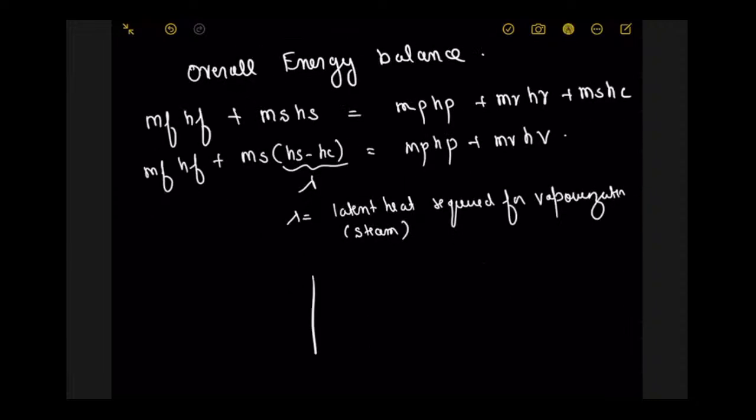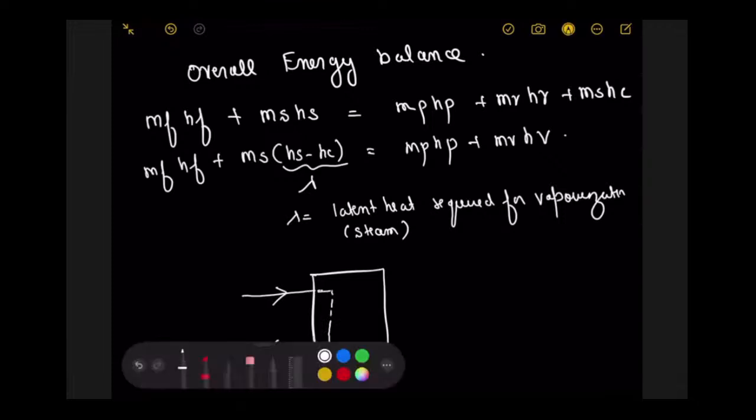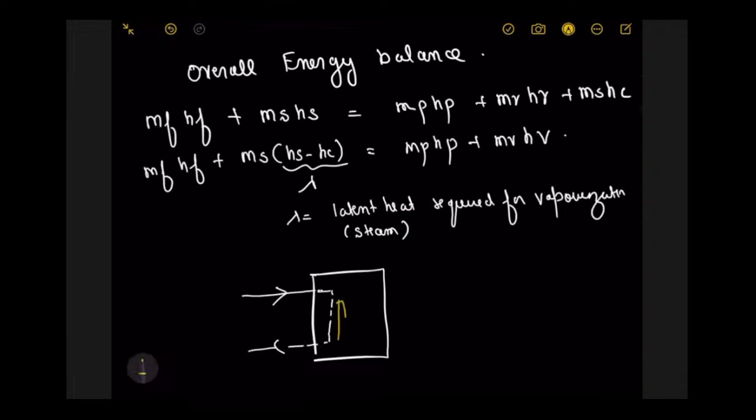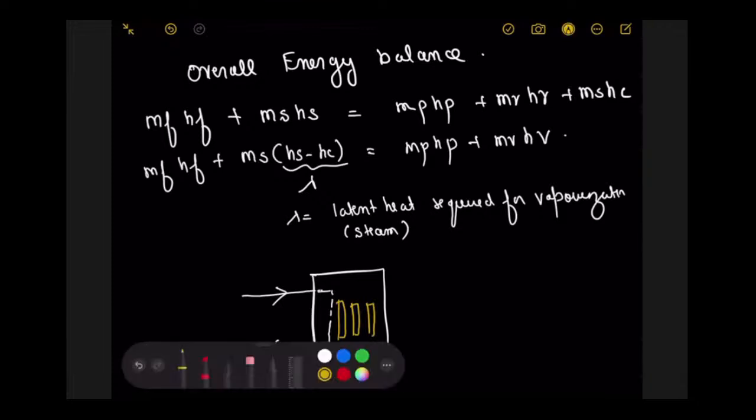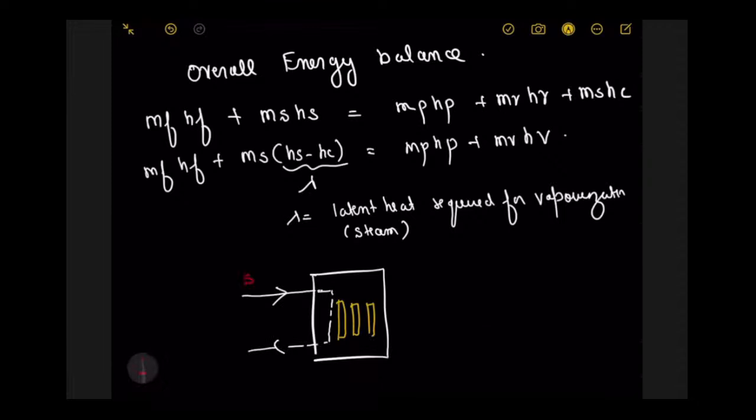So from this diagram, we can say what is happening in the heat exchanger is that here, suppose your steam is moving, and when steam comes in contact with the tubes in which the juice is available, it is condensed.